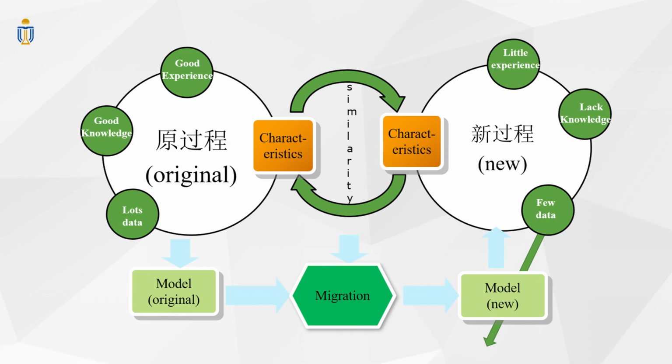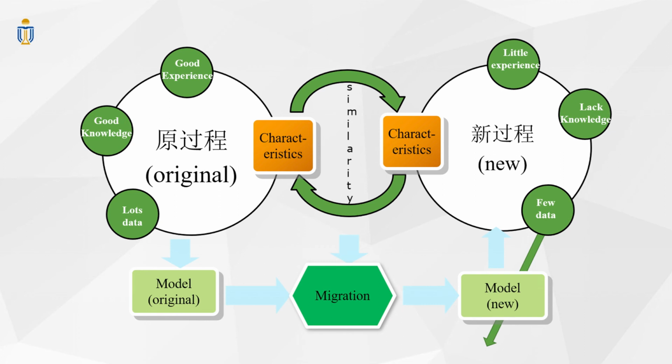For the batch process, when we make one product repeatedly, we accumulate lots of data during the process. With this data, we can develop a good model. That's no problem.